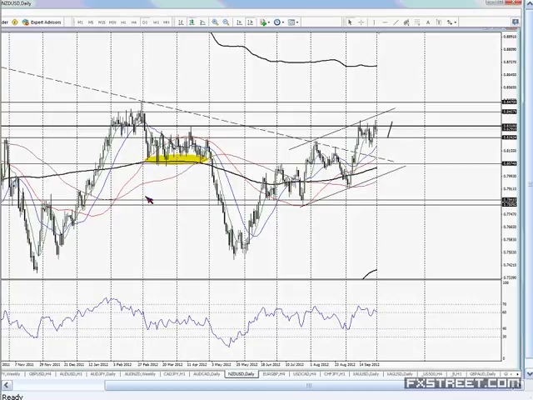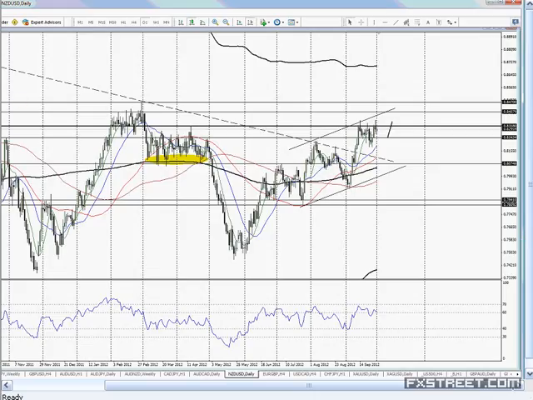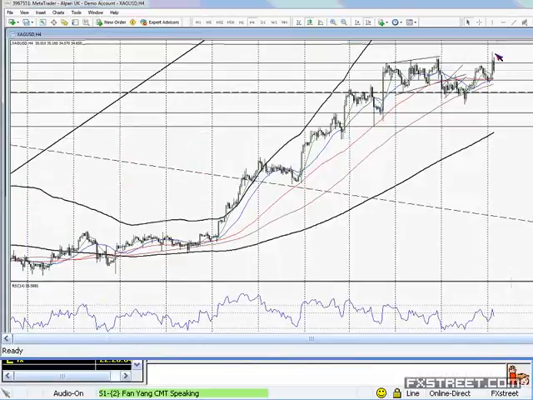Let's take a look at silver, and I think that should wrap it up. Here we go. Just like gold, silver is making a very strong rally today. Made a new high, but being rejected at the moment.